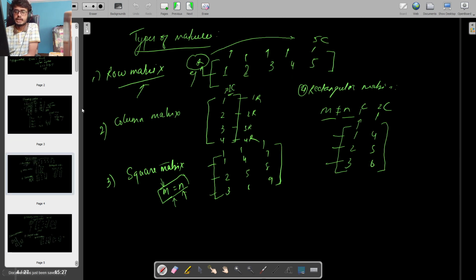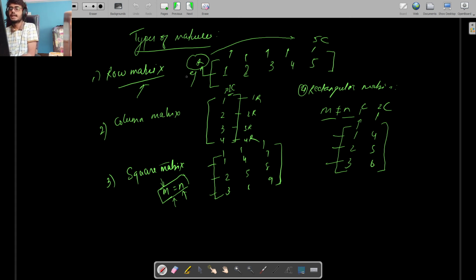First we did the 4 different types of matrices, the simple ones. A row matrix is any matrix which has only one row, regardless of the number of columns. A column matrix is a matrix with only one column but more than one row. A square matrix is a matrix where the number of rows equals the number of columns, so m is equal to n.